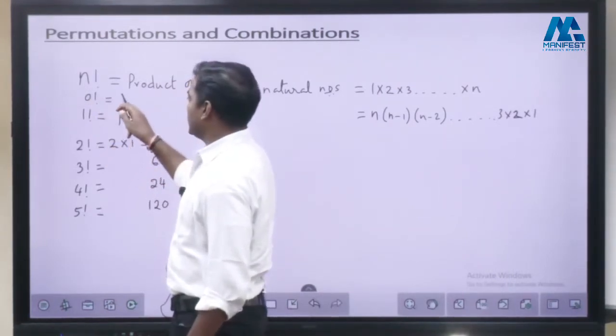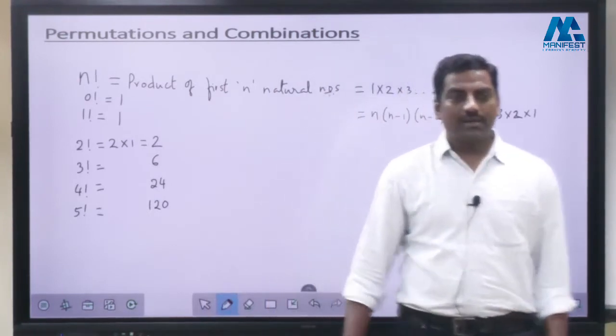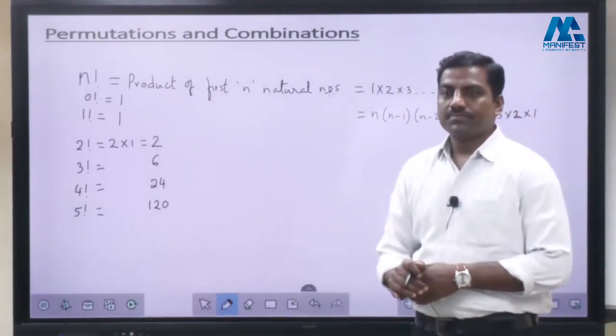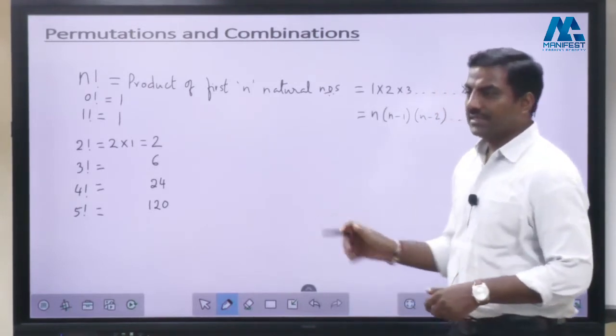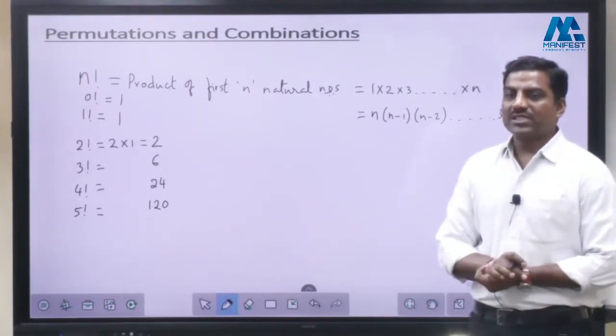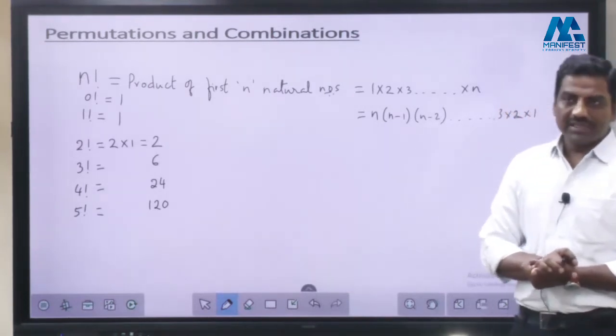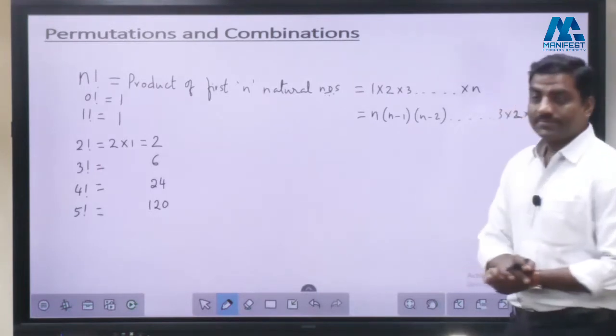It is not 0, 0 factorial is 1. Done? No problem. Cool. This is the basic understanding of factorial, because we are going to use this factorial a lot of times in our calculation. Done? Can I erase this? Yes.